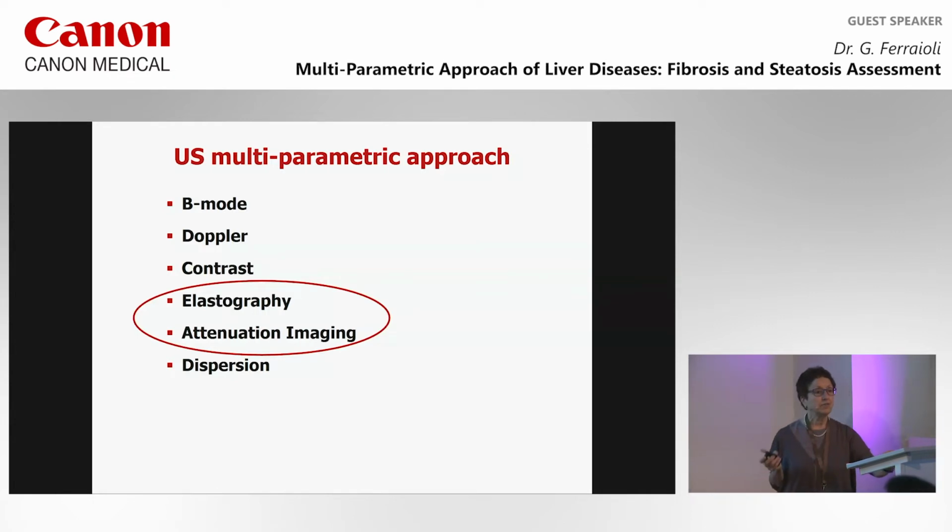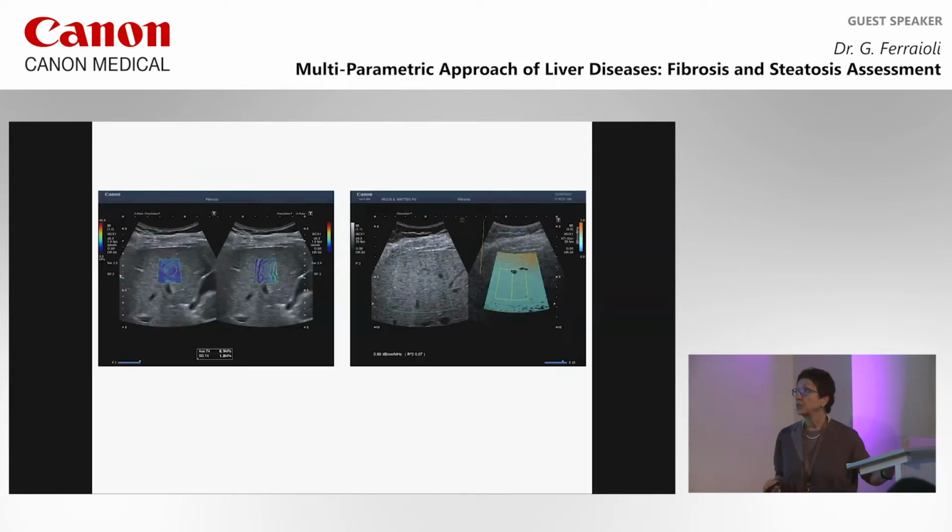My talk is focused on elastography and the attenuation imaging. And we can have both assessments using the Canon system. As you can see, when we use elastography, here we have, together with the color map, the propagation map. And this is the image of the attenuation. It is a very large box, and the measurement is performed in a large area.